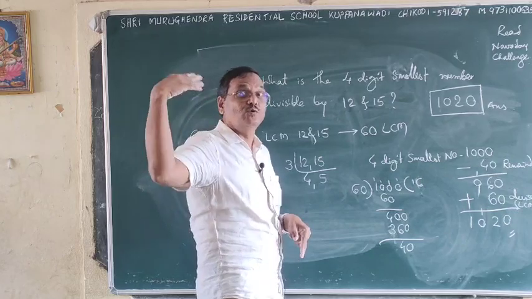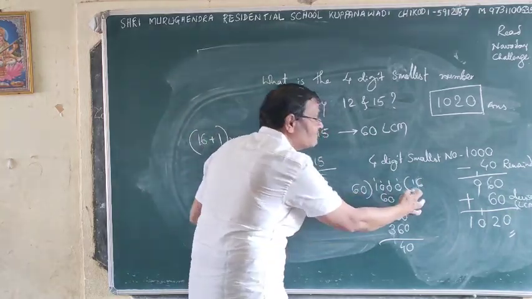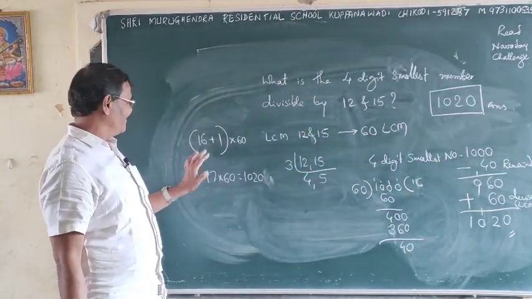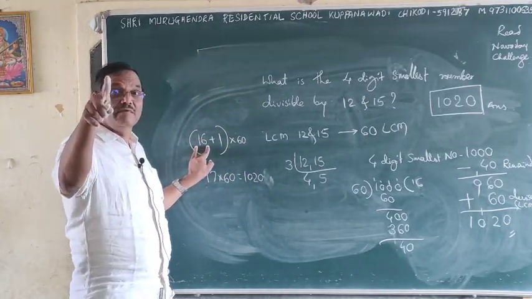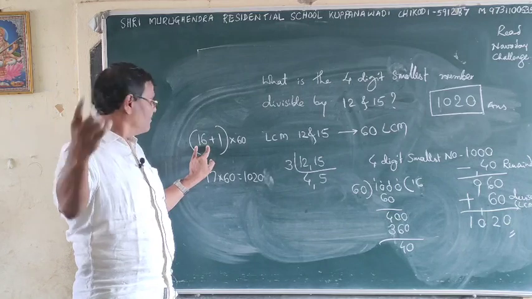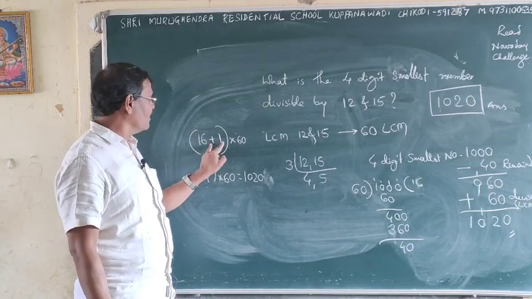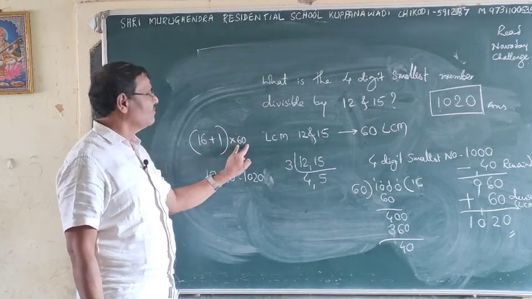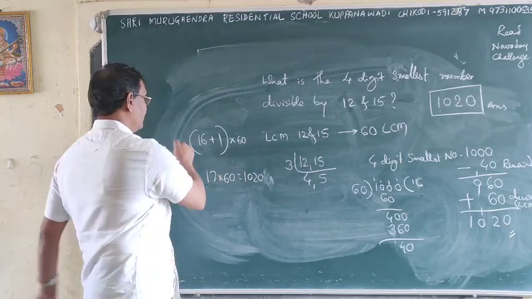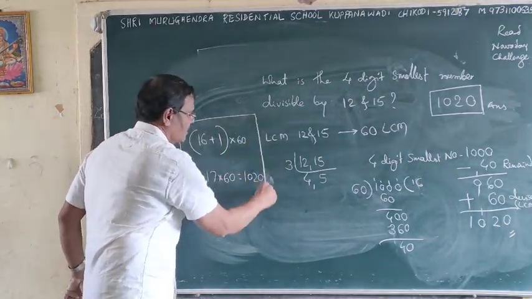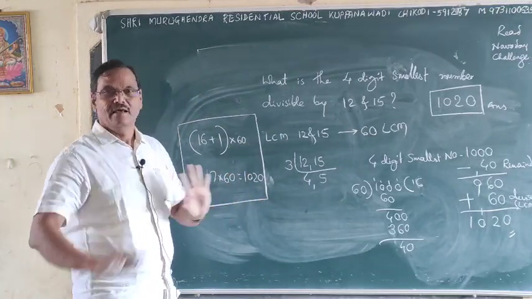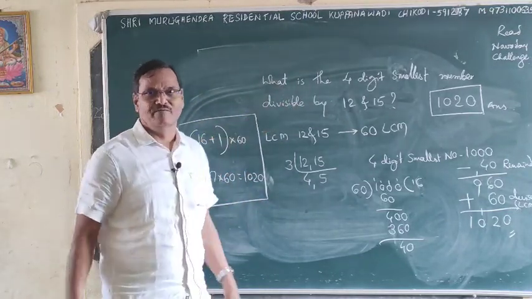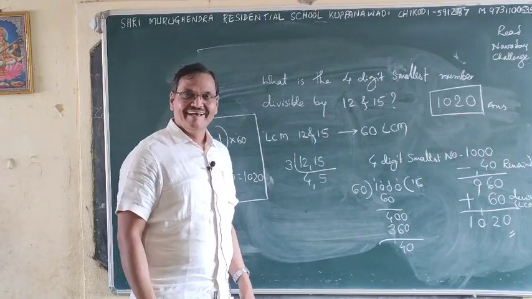So whatever quotient we got, there we have to add 1 and multiply it by the LCM. There also you will get it. Two methods you can follow. Okay?